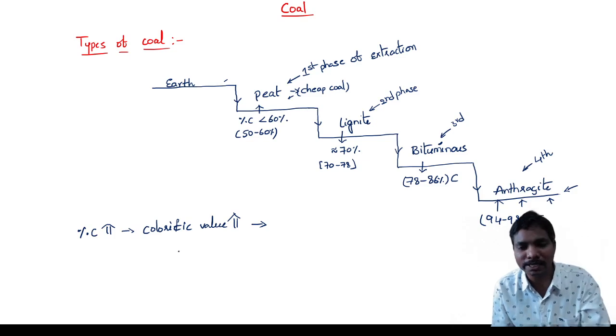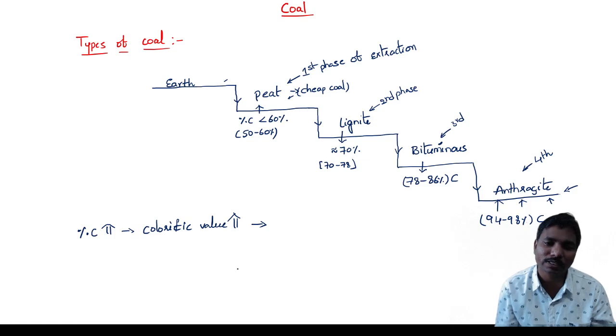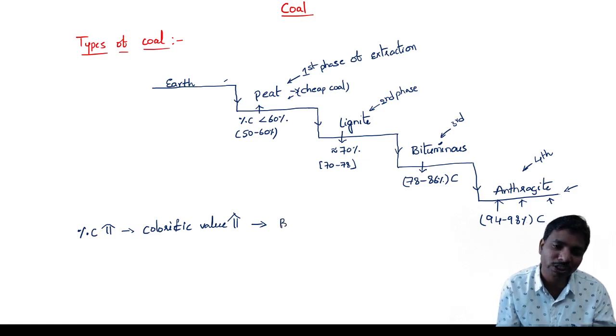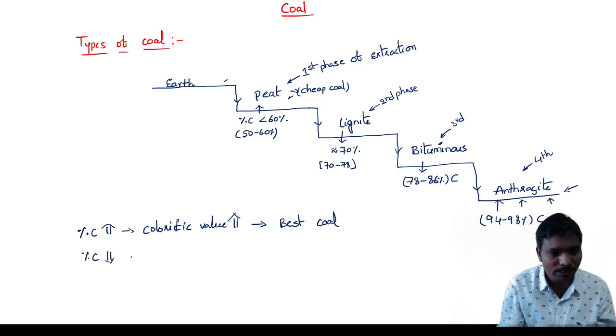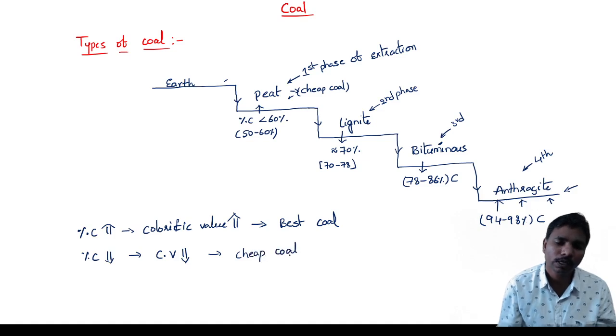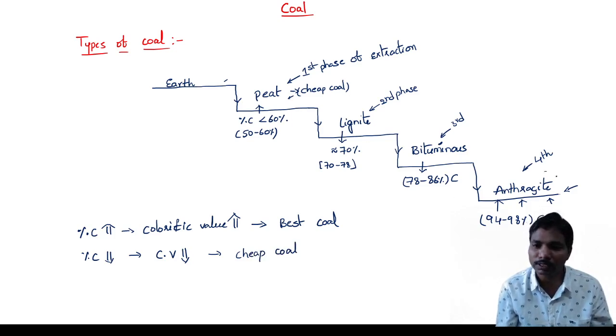Higher the percentage of carbon means higher the calorific value, and it is said to be the best coal. If the percentage of carbon is less, its calorific value is less, and that is the cheap type of coal. So peat is the cheap type of coal, and anthracite is the best type of coal.